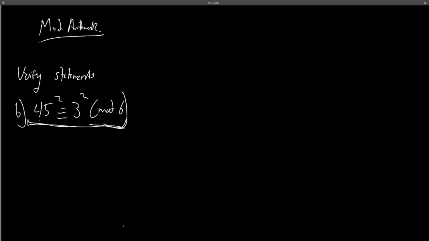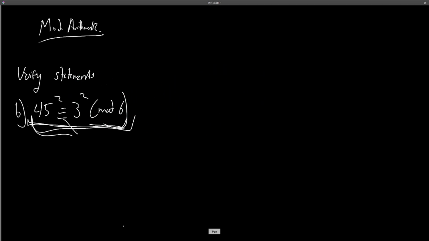So let's say we're given a statement here where we have 45 squared is congruent to 3 squared modulus 6. Now this question sort of goes into the theory of what this statement means here. And when I say this statement, I mean even regular statements like this, even without the square.